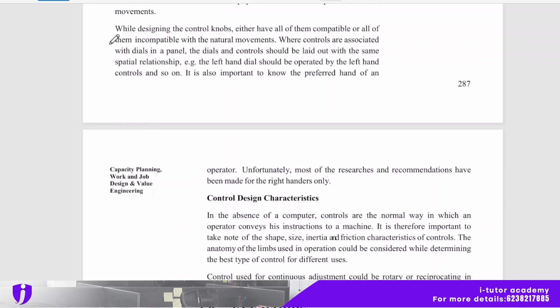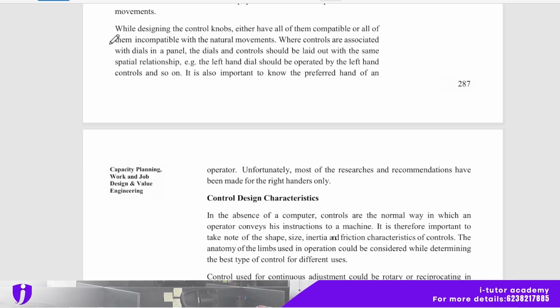And while designing the control knob, either have all of them compatible or all of them incompatible with the natural movements. Where controls are associated with the dials in a panel, the dials and controls should be laid out with the same spatial relationship, and the left hand dial should be operated by the left hand controls, and so on.